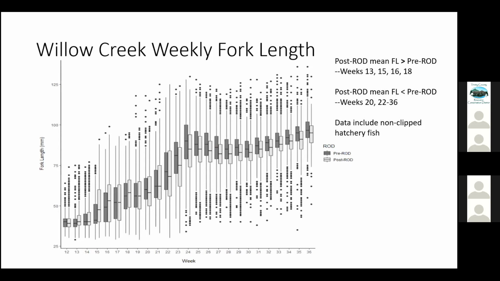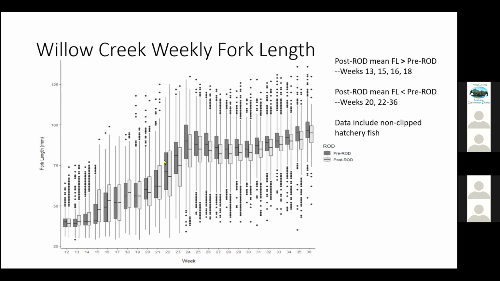Yeah, pre-ROD period. It's funny, because when I was talking about this, I forgot about what's happening here. There's a bump up here with the arrival of hatchery fish that happens right around this time period. So the leveling off actually starts a little earlier if we were to truly exclude all the hatchery fish.